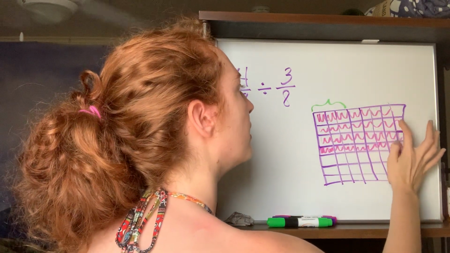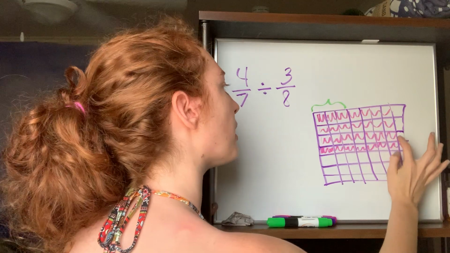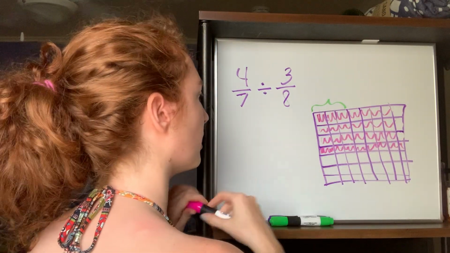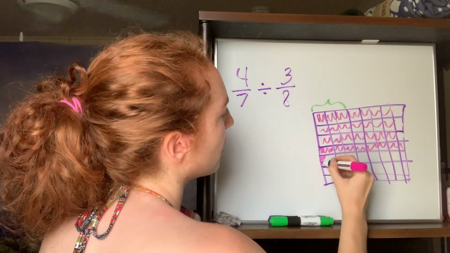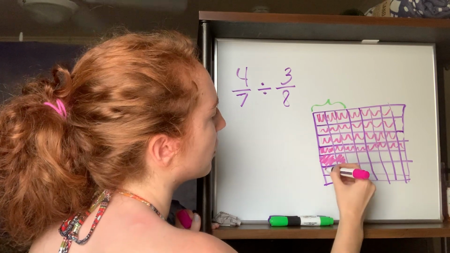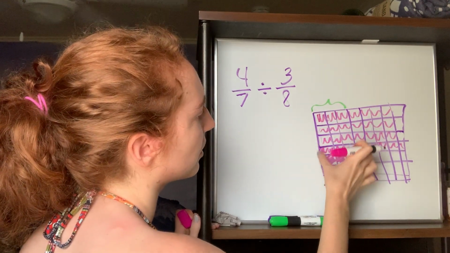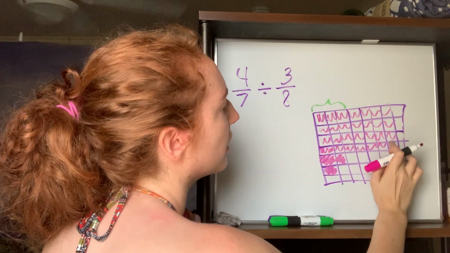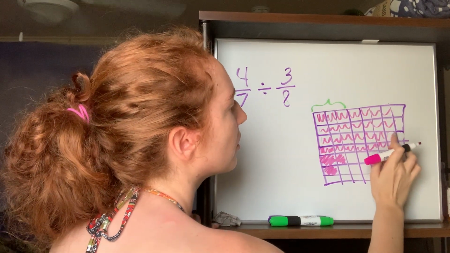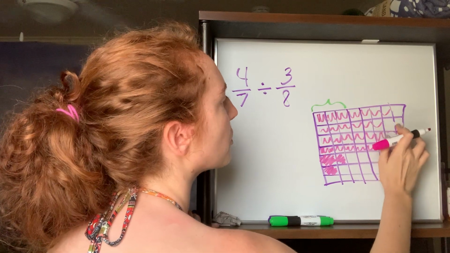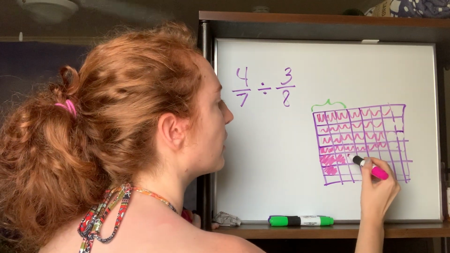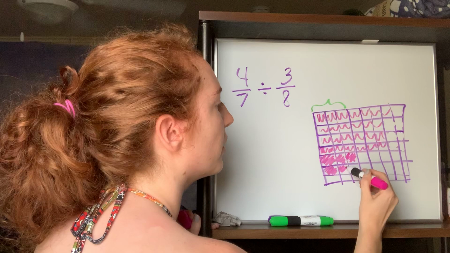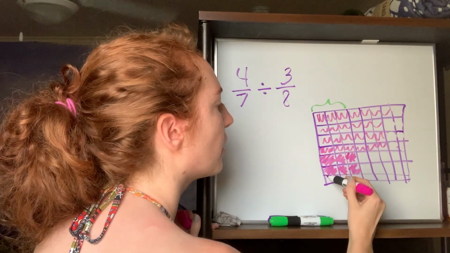So I'll erase 1, 2, 3 boxes just to start, and I'll fill them in over here. 1, 2, 3. I'm trying to fill in that first set of 3 columns. I'll erase 4 more maybe. 1, 2, 3, 4. I'm just reorganizing this number so I can see it in terms of 8ths. 1, 2, 3, 4.